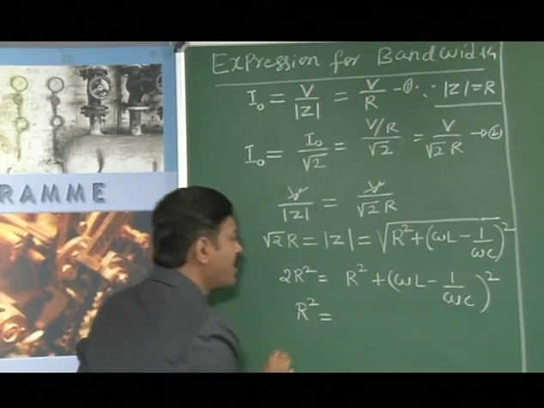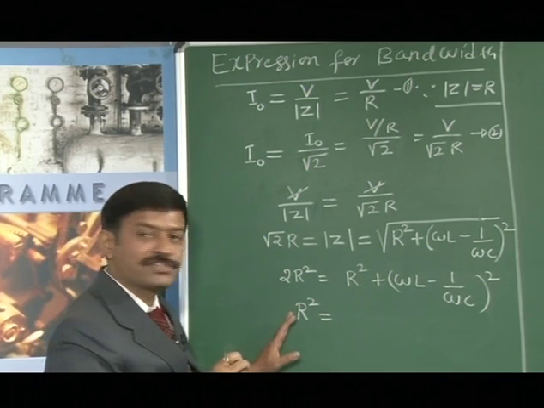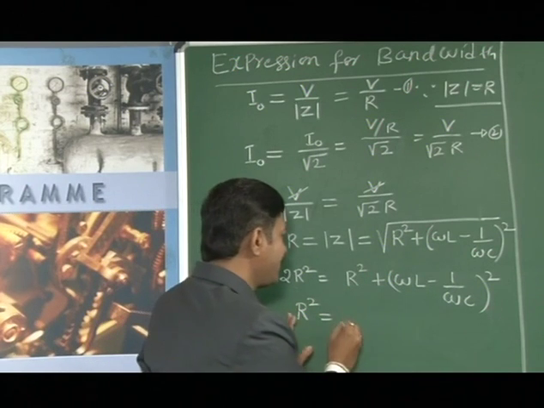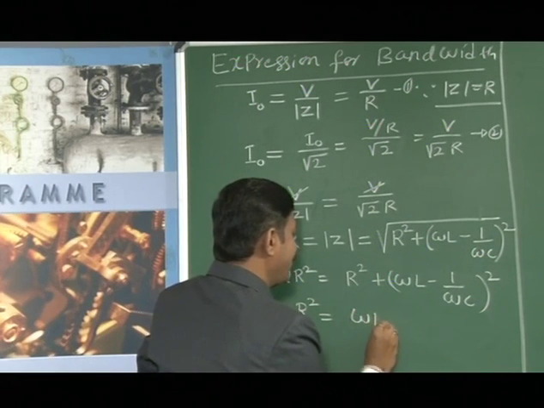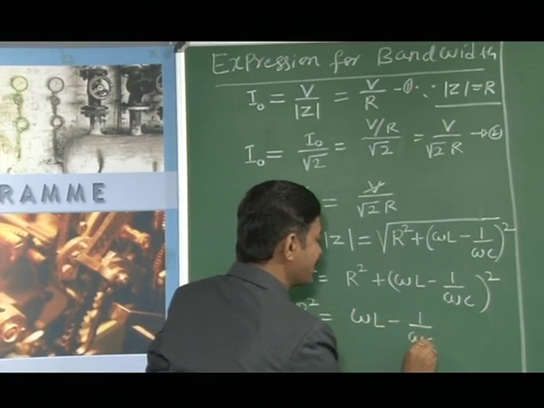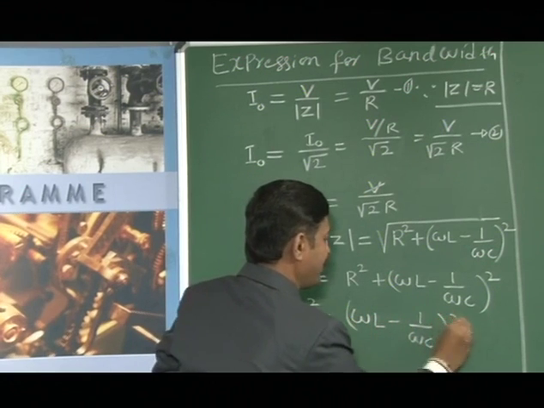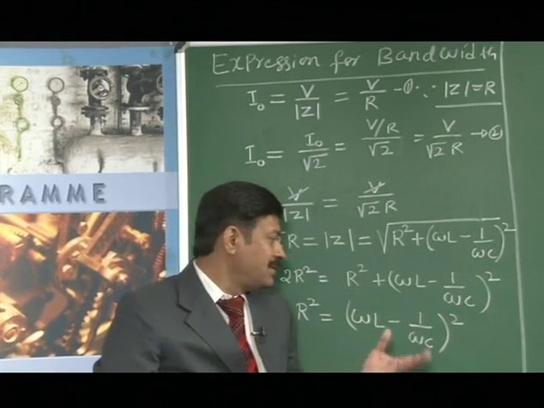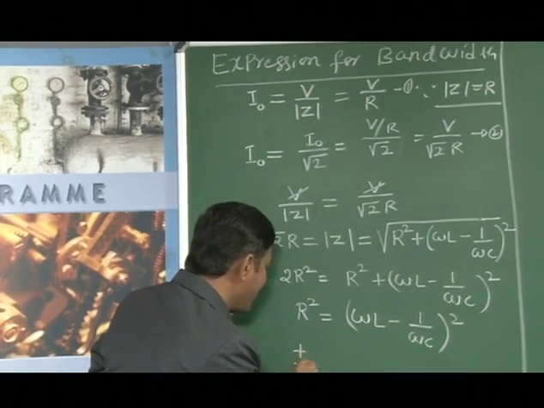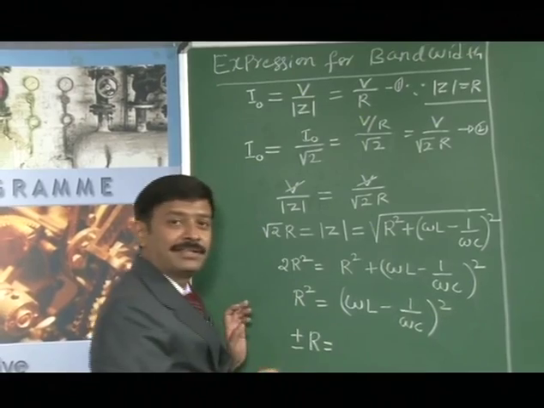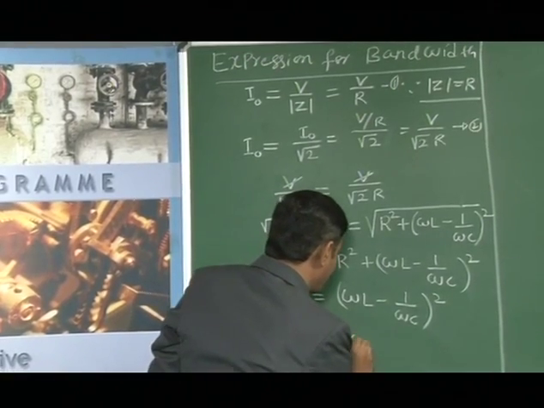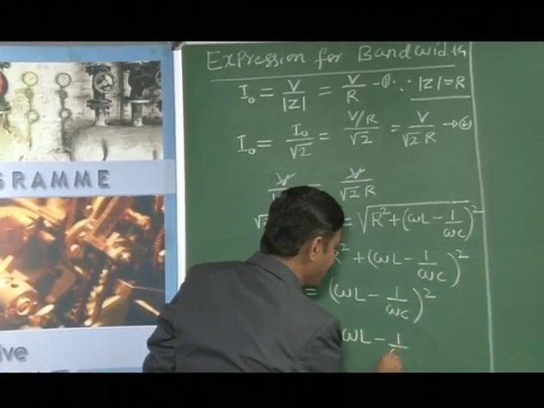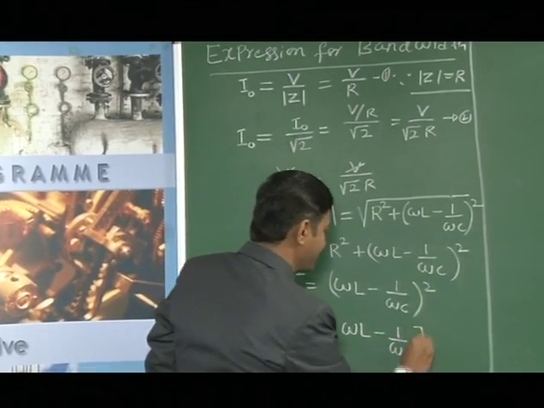So, 2R square minus R square is only R square. This is equal to (omega L minus 1 by omega C) whole square. Now, I will take plus or minus R. This will become omega L minus 1 by omega C, square root of this.